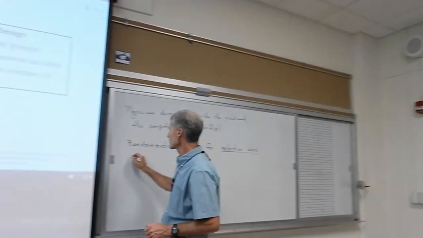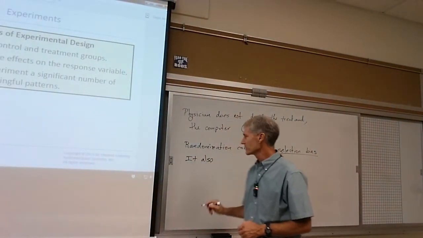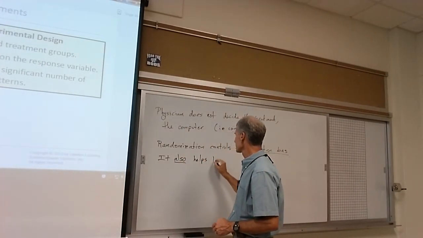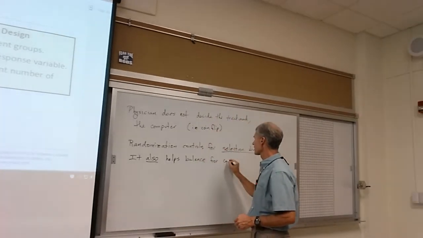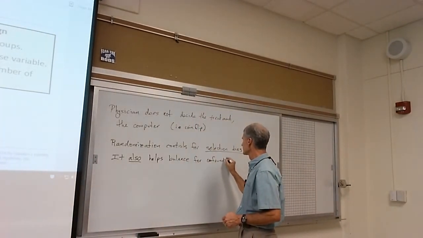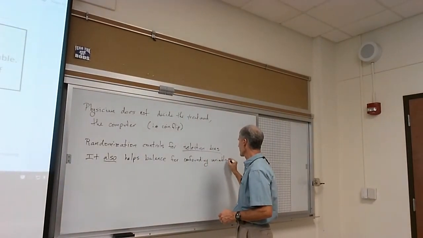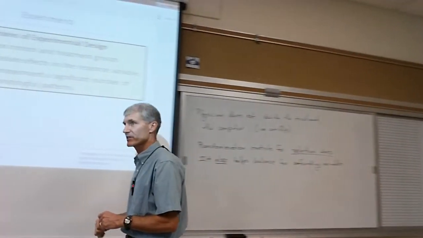But randomization does another thing for you. It's sort of an added bonus. It also helps balance for confounding variables. Even variables that the researchers didn't think about, randomization will tend to put half of them in one group and half in another group.